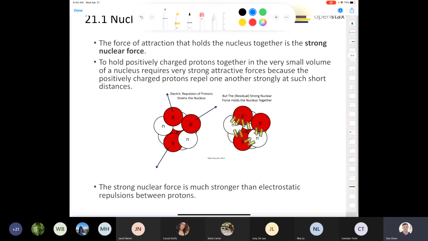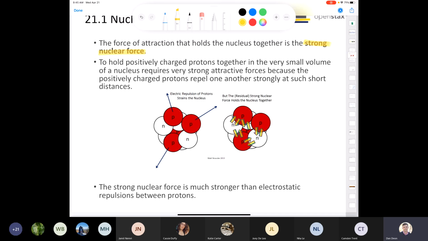Well, there must be a force stronger than the repulsive force between protons that holds the nucleus together, and we call that the strong nuclear force, the force of attraction that holds the nucleus together. Since those positive charges are so close to one another, you have to have a really strong force, the strong nuclear force, that binds those protons together in the nucleus.